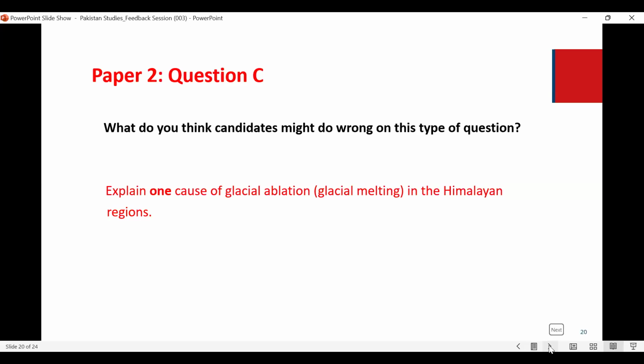So let's have a look at just some things we saw in the summer. They need to write about the cause. What they're doing, if they're getting this wrong, is just telling us all they know about glacial melting.